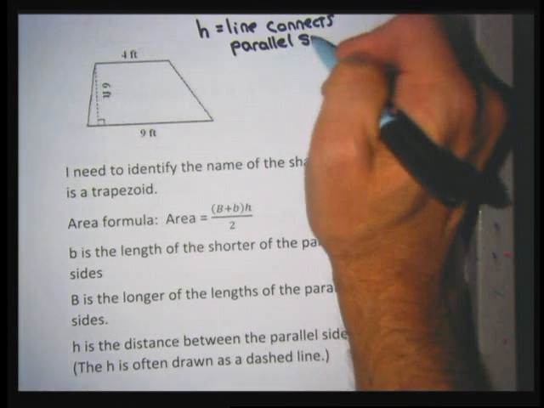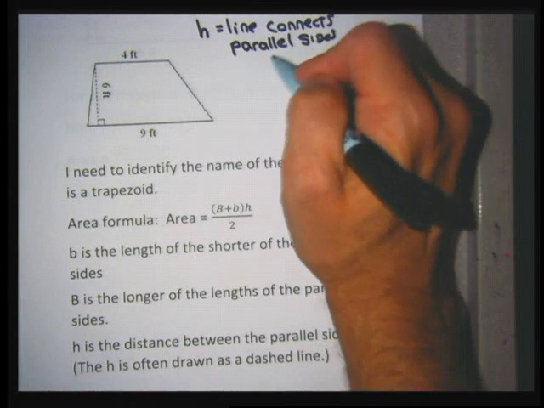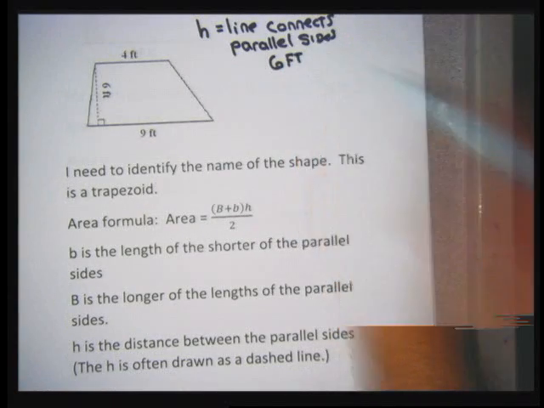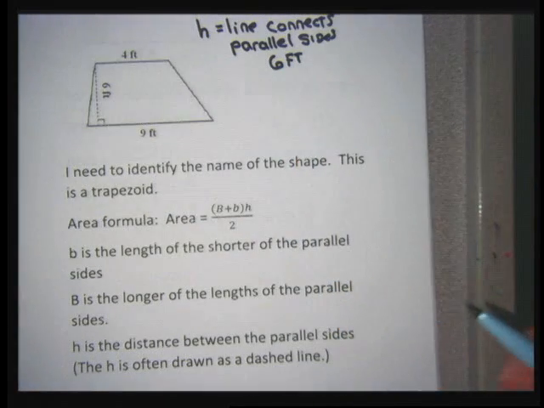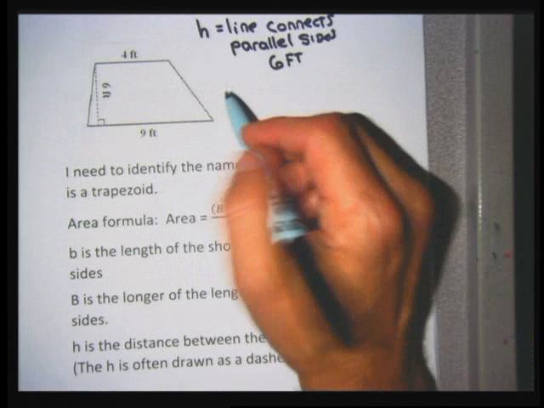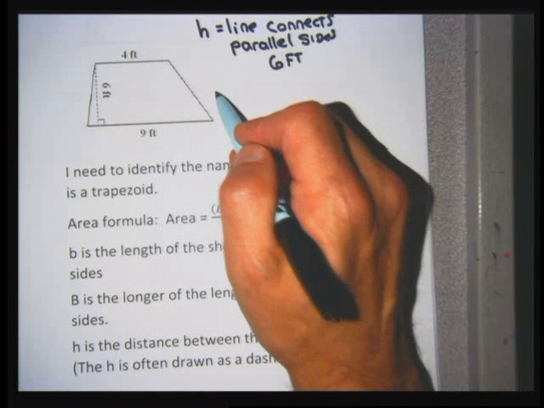So in this problem, the height is going to be 6 feet. The big B and the little b are the lengths of the longer and shorter parallel sides.